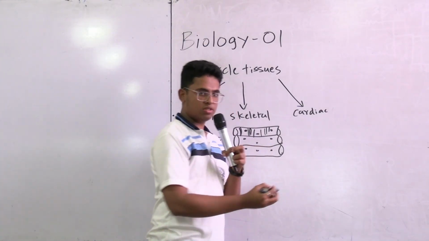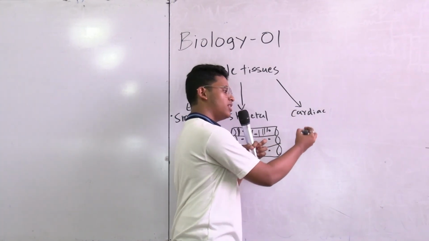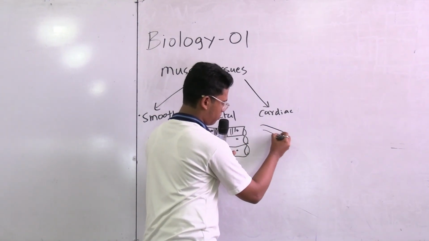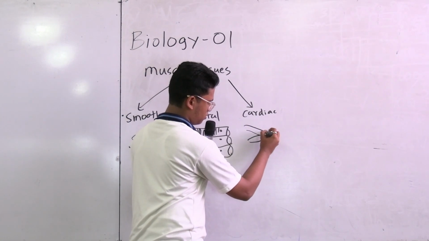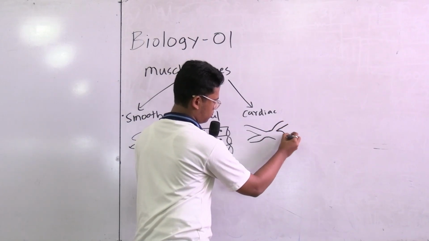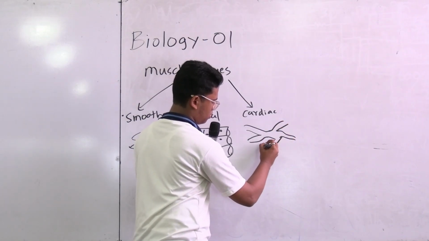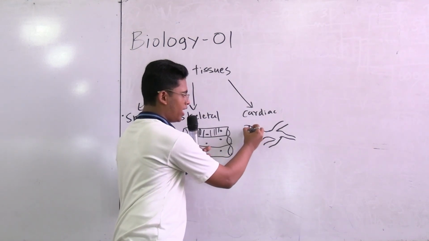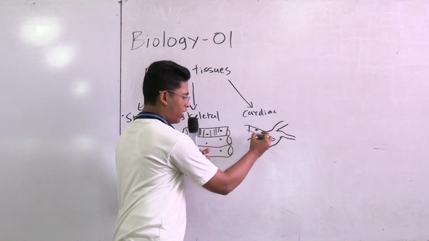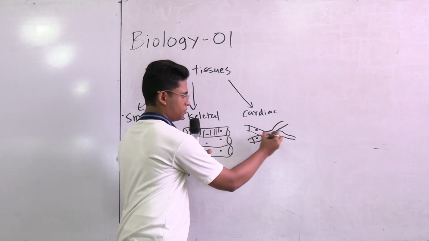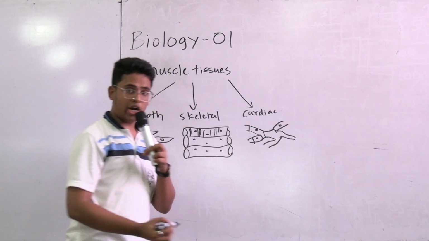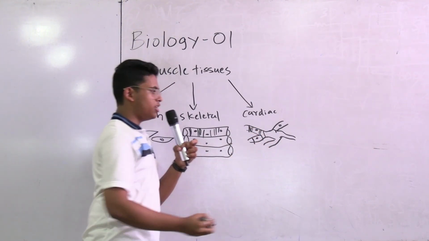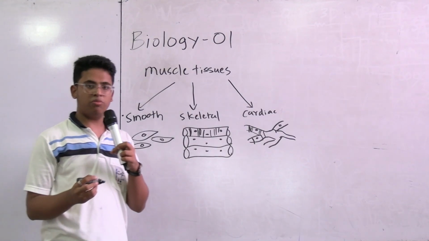Cardiac muscle cells, the most unique thing about them is they are branched, right? Like branch cells. But they only have 1 nucleus per cell. And cardiac muscle cells also have striations. So this is a small breakdown on the 3 types of muscle tissues.